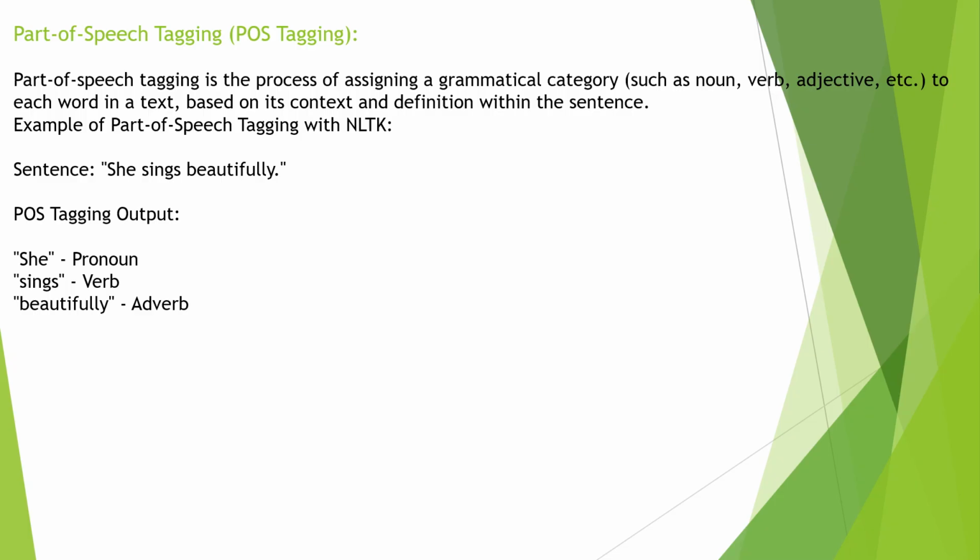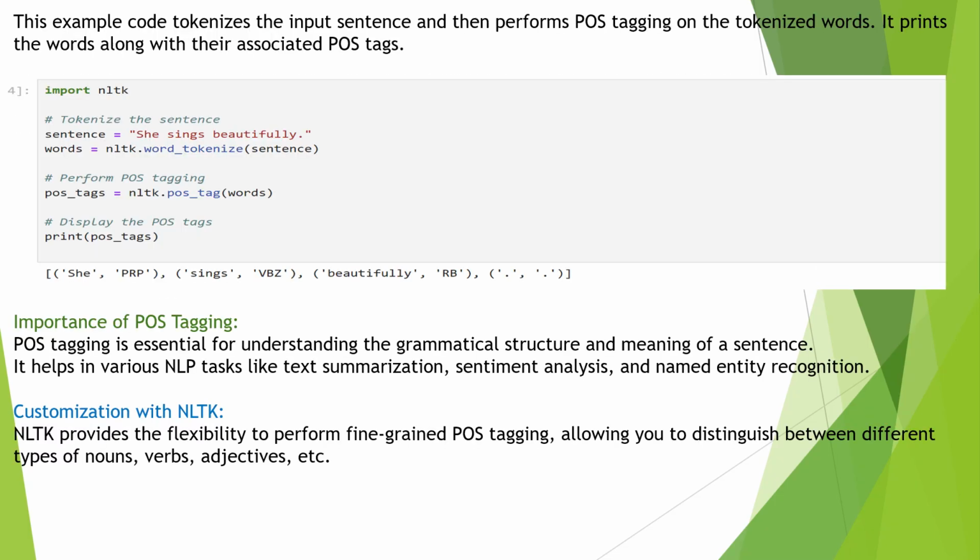This step is really useful because it helps the computer understand not just the verbs but also how they function in a sentence, something that's important for translation, summarization, and even for sentiment analysis. This slide shows the code example of how POS tagging works in NLTK. You tokenize your sentence and then call the function nltk.pos_tag, and the output will be like DT, NN, and so on.